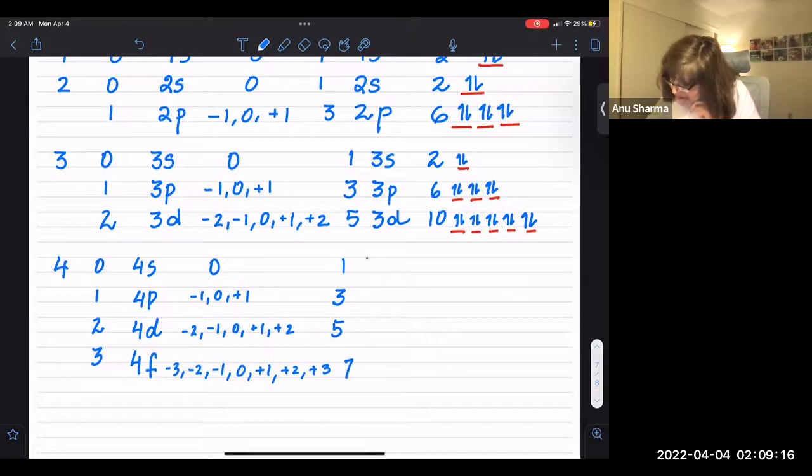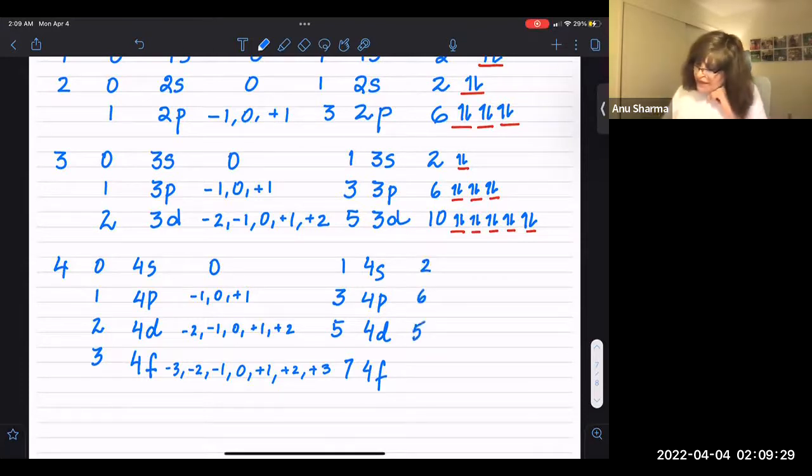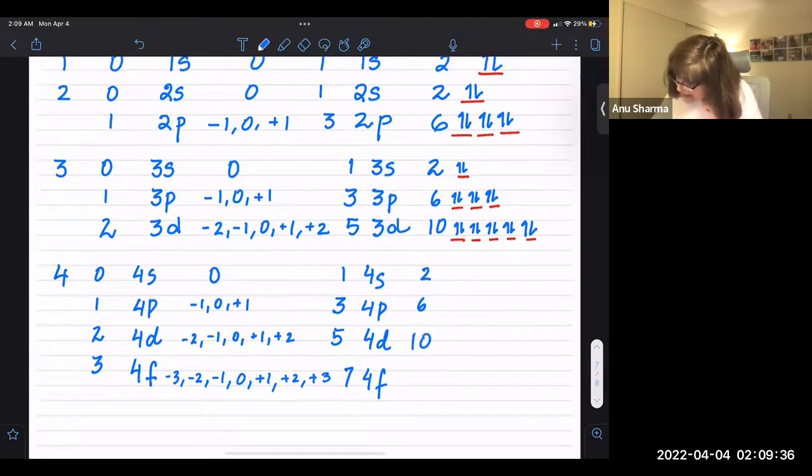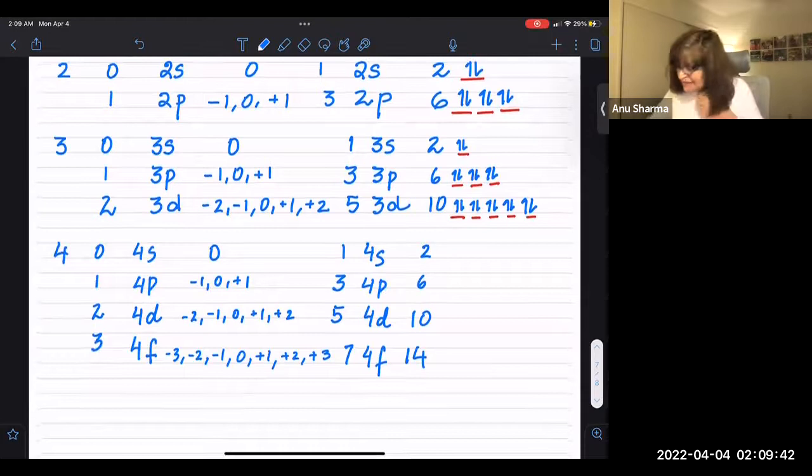The names are 4s, 4p, 4d, and 4f. So the number of electrons is 2 in 4s, 6 in 4p, 10 in 4d, and 14 in 4f. And the spinning is the same as above.